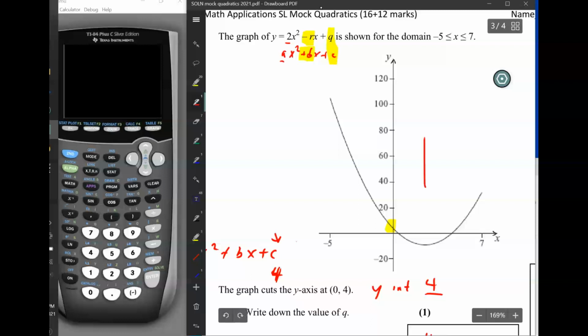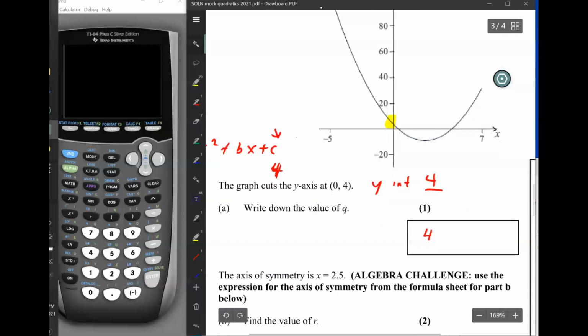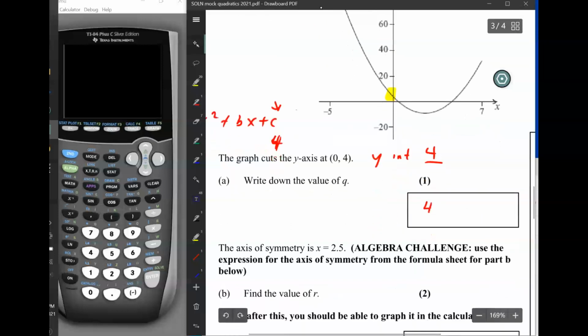Well, there's a hint here, which says, use the expression for the axis of symmetry from the formula sheet for part b below. If you look on the formula sheet, you'll see that the formula to find the axis of symmetry is x equals negative b over 2a.